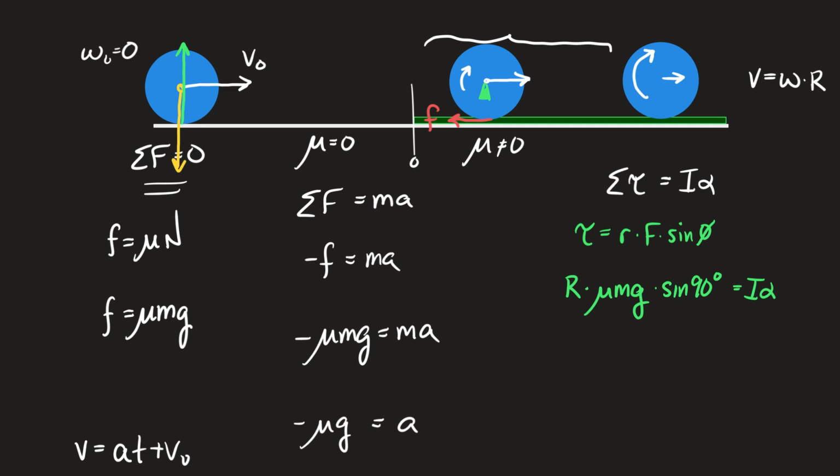Any questions? Yeah. So could you do this problem by choosing the pivot point at the edge of the ball, or no? No. You can't. So what was it with the ribbon that with the two different pivot points?